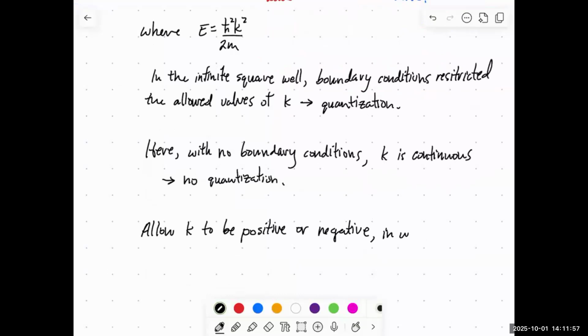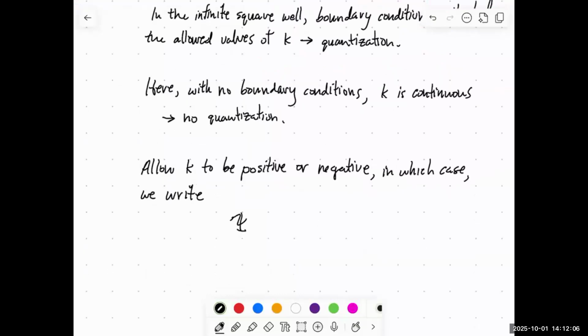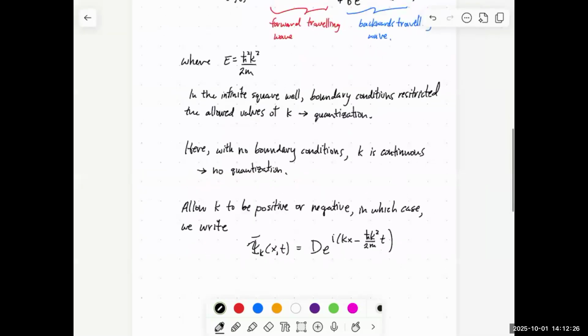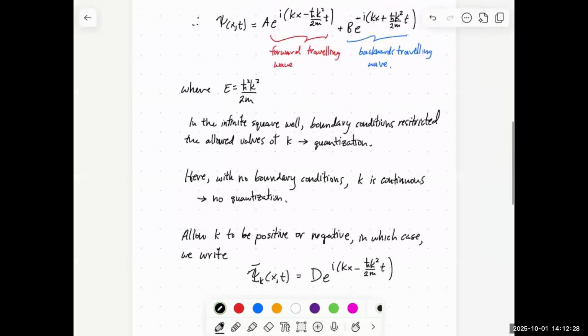in which case we write, so I'll write it as psi sub k. I'll put some new coefficient d, and I'm going to write this as e to the i kx minus h bar k squared over 2m t, times d. And I'll try to do a little justification why this form is equivalent to the one at the top.